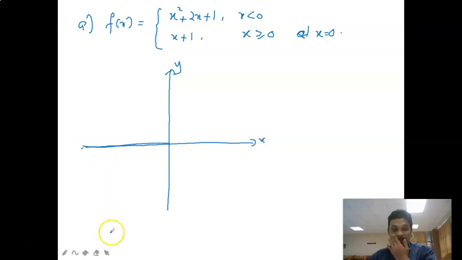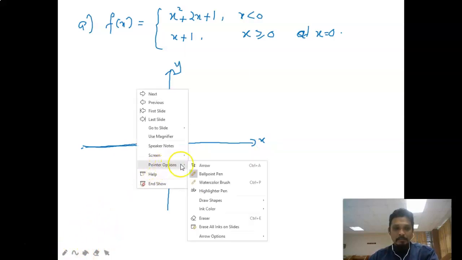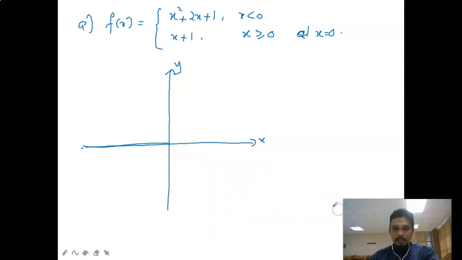Okay, so the graph of the first one then.